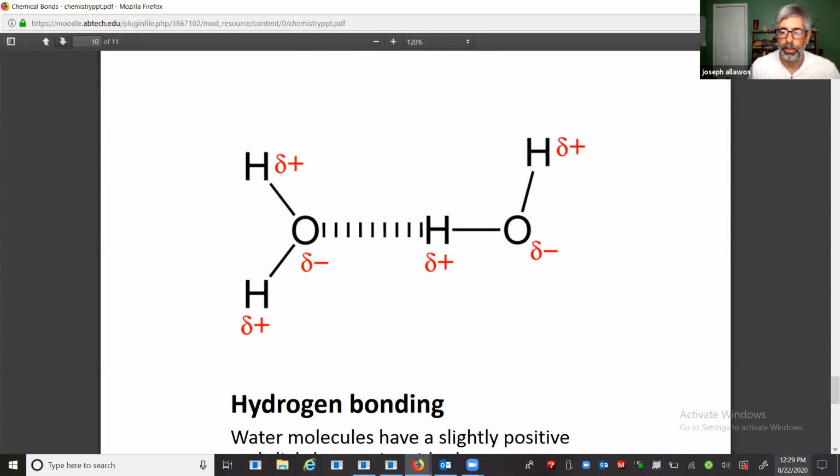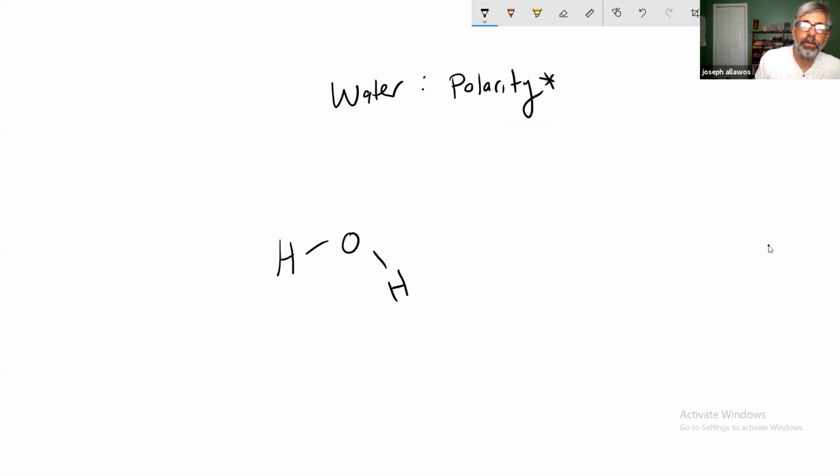Now we want to talk about water and some of the properties of water that make it very important. Here's the thing about water. Water, which we just saw, is formed by covalent bonds between oxygen and hydrogen. One of its most important properties is that it has polarity. That's very important to understand. What does that mean? It has positive and negative sides, and the reason is because the electrons are skewed toward the oxygen.